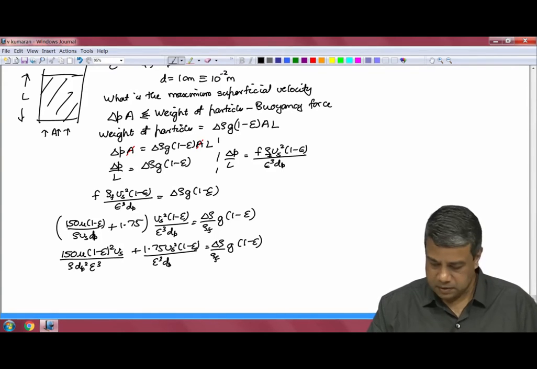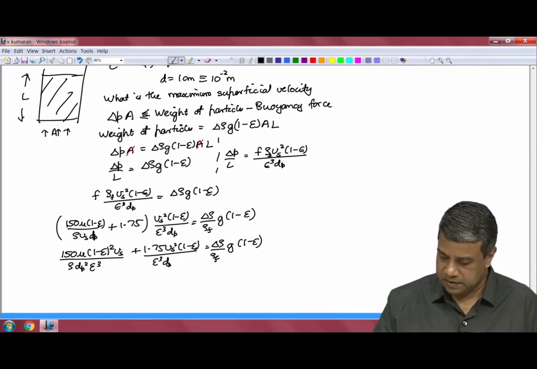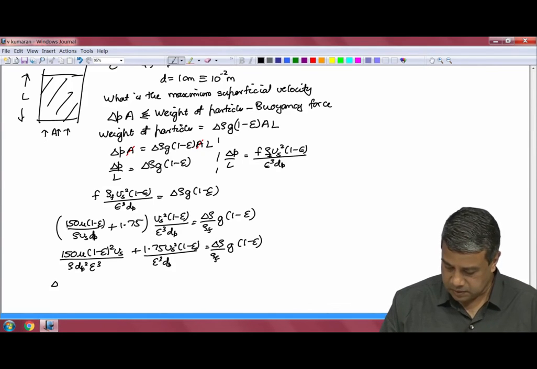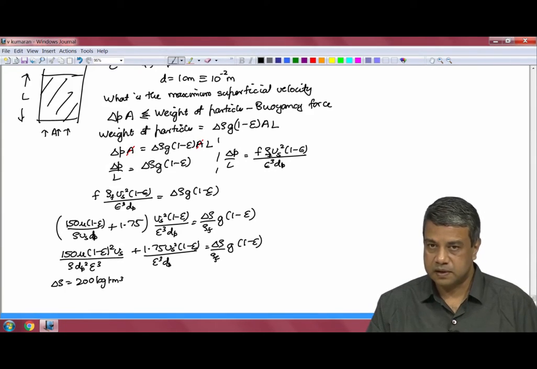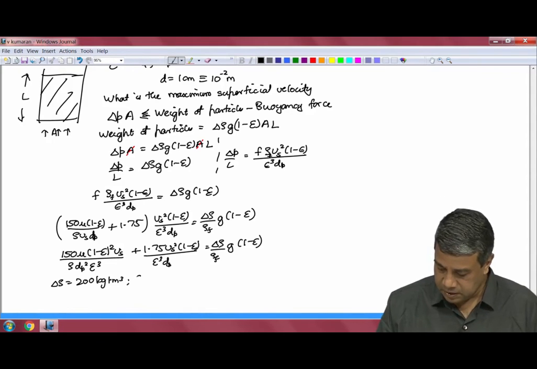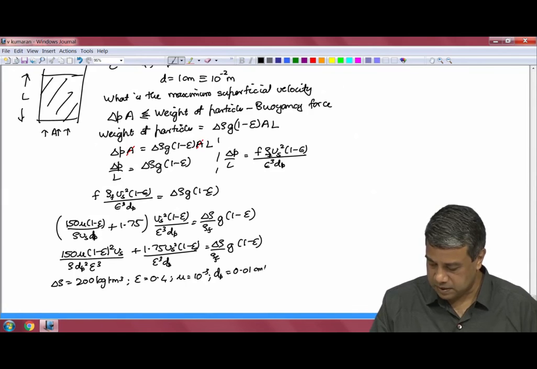So, now I can substitute the values, that delta rho is equal to 200 kg per meter cubed. Note that the density of the solid was 1200 and the density of the liquid was 1000. Epsilon is equal to 0.4, and mu is equal to 10 power minus 3 and dP is equal to 0.01 centimeters per second.